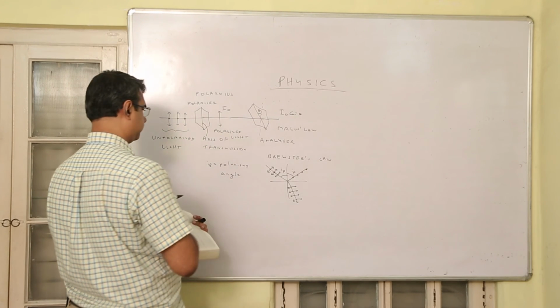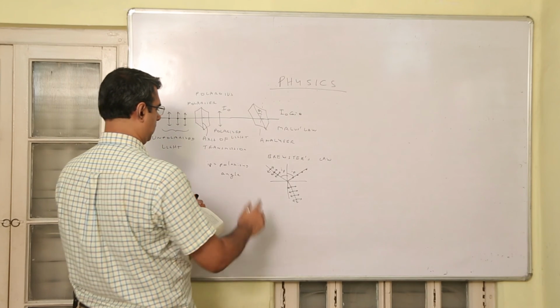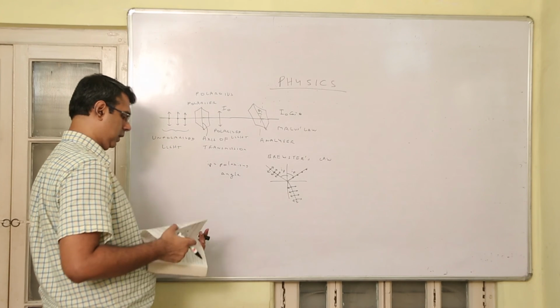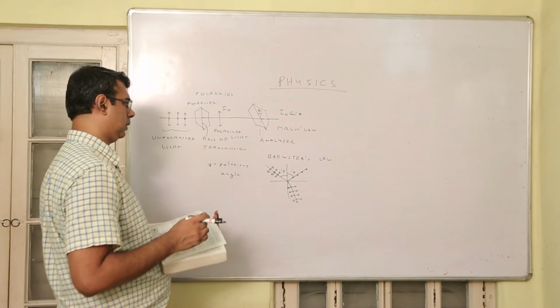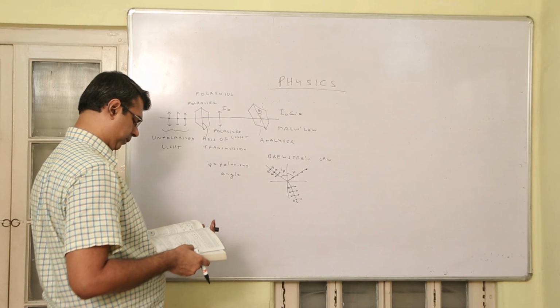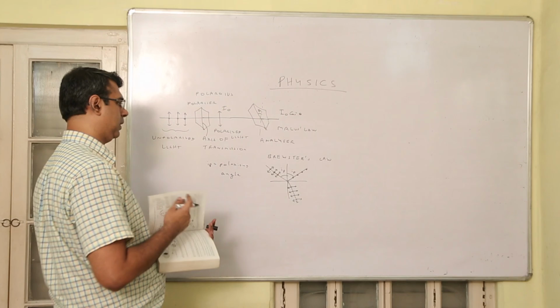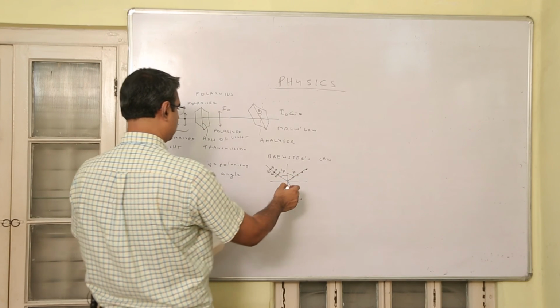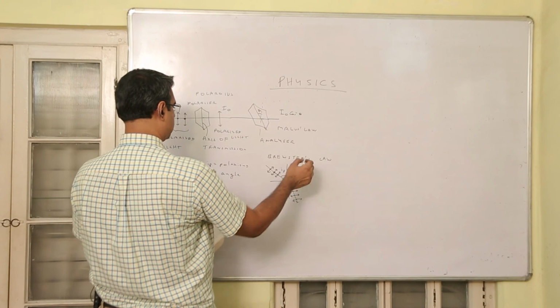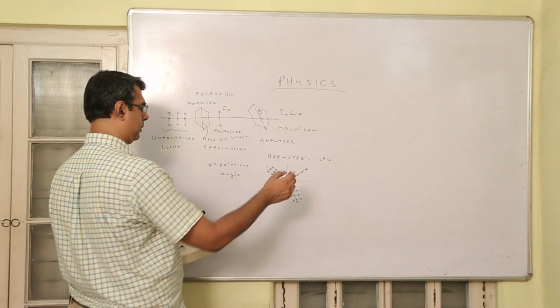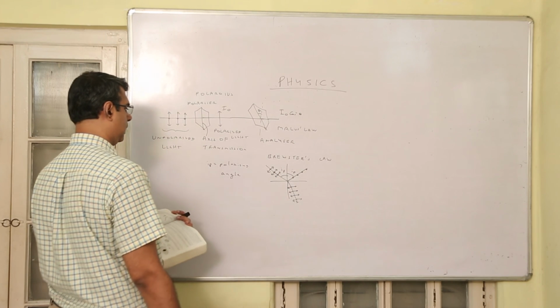So the exact statement of Brewster's law is that for a particular angle of incidence, the reflected wave is completely polarized with vibrations perpendicular to the plane of incidence. So you can see these vibrations are only in the plane perpendicular to the plane of incidence.